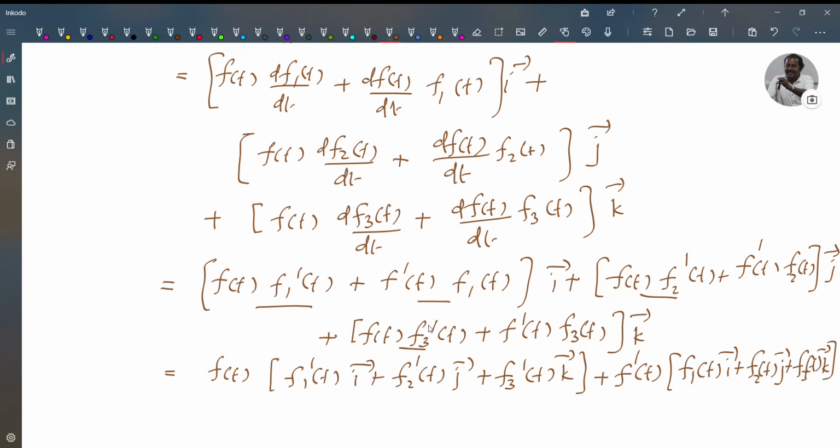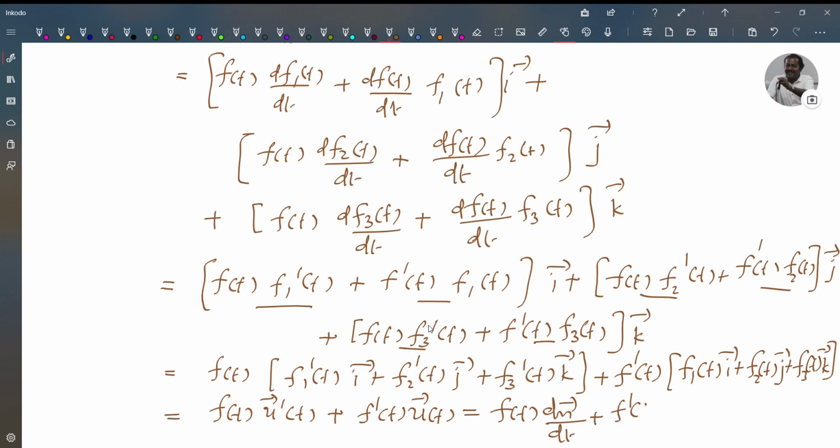Thus, this is equal to f of t into u prime of t plus f prime of t into u of t. So this is equal to f of t into du by dt plus f prime of t into u. So this proves the second result.